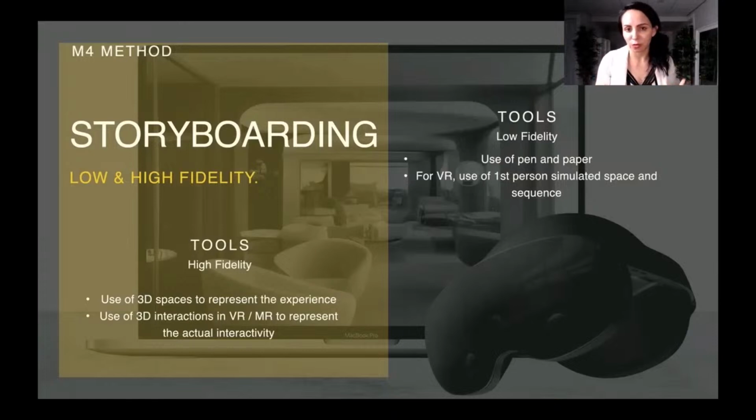But this is all about drawing and sketching. So this is the low fidelity, getting closer to a concept. And then moving on to high fidelity, we use 3D spaces to represent the experience and 3D interactions in VR, MR, AR to represent the actual creation that we're making.